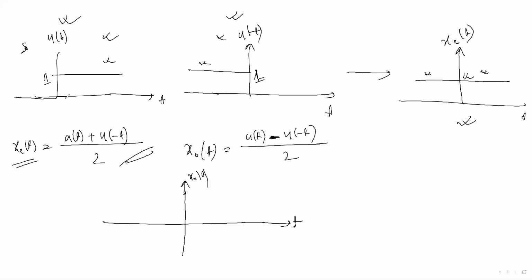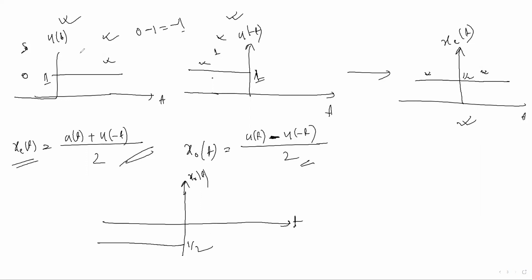If we subtract from the left side with this signal, the left side initially amplitude is 0 here, and here the left side amplitude is 1. When you do 0 minus 1, what will you get? Minus 1. So it will come as minus 1. But again you have to divide by 2. Then it will come as minus half.